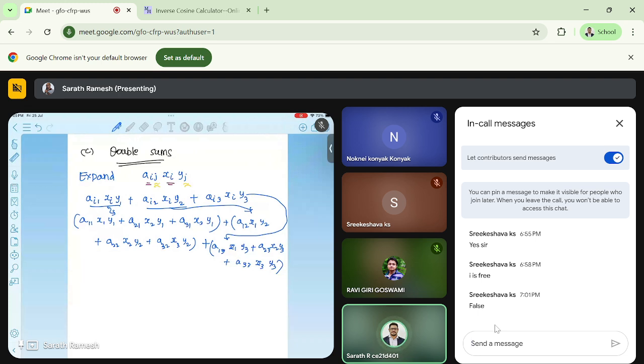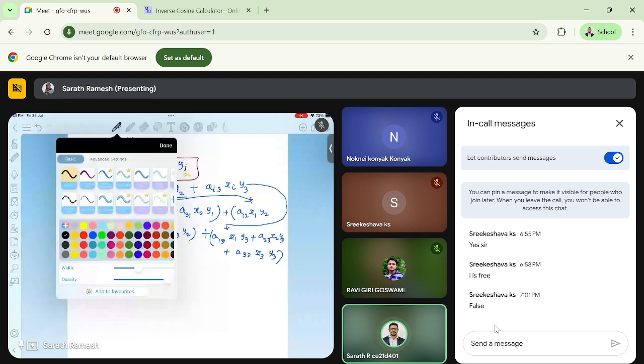The most important concept in indicial notation is the Kronecker delta. What do we mean by Kronecker delta? We have already seen what we mean by dot product of two vectors.